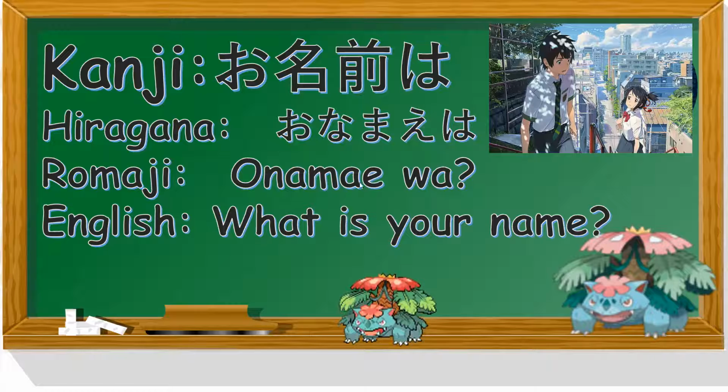It almost sounds like changing it to "wa", you don't say "ha". Onamae wa, what is your name? You can say onamae wa nan desu ka, because this one is more indirect, like saying your name. That's the reason, if you're familiar with this movie, we have Kimi no na wa. That is a plain form of what is your name.